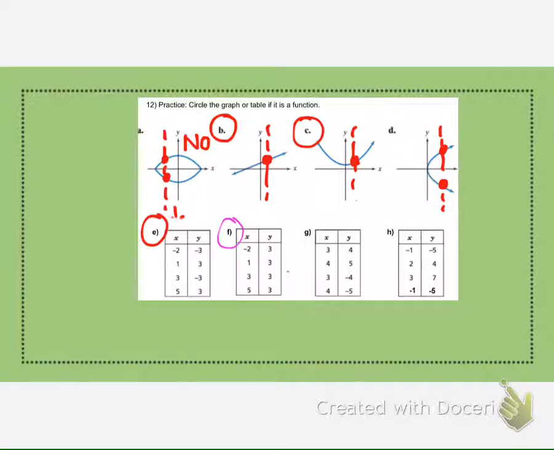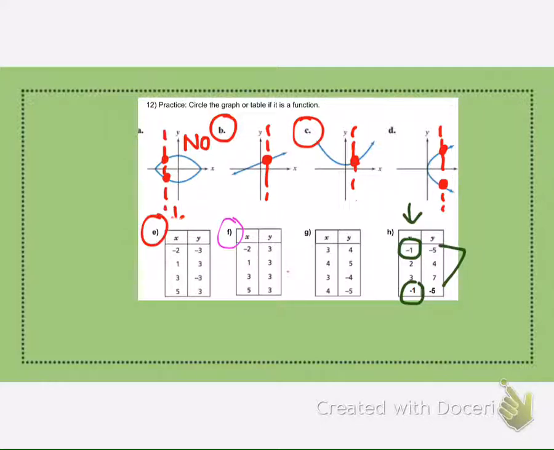Okay, lastly h, if we look here, all the x's have one y, because even though the x repeats here, it has the same y value. So it'd be like somebody who made a table and plugged in -1 accidentally twice, it still gives you the same output.